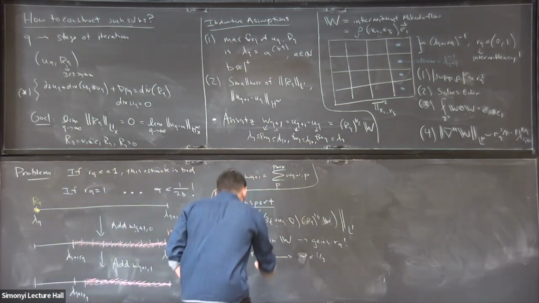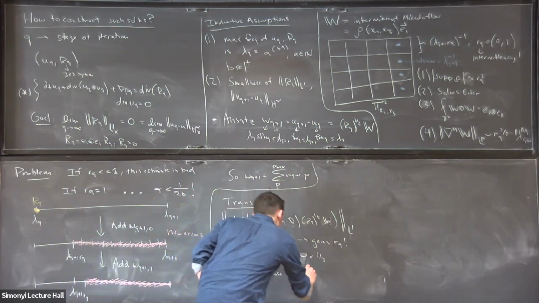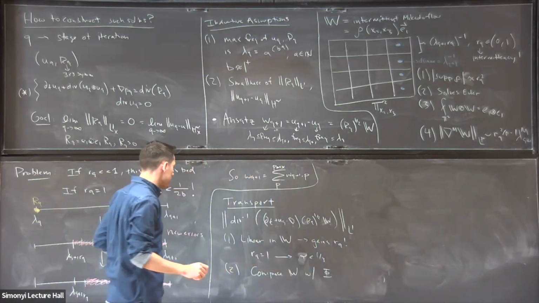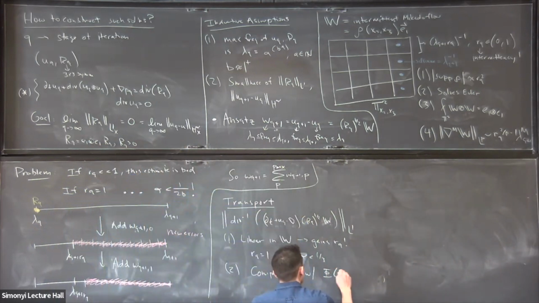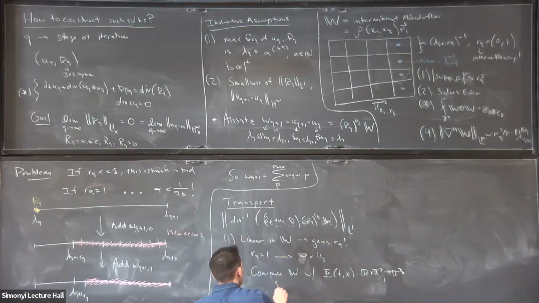And so what I should do is compose script W with some flow map Φ, which is a function of t and x, and it solves the transport equation.